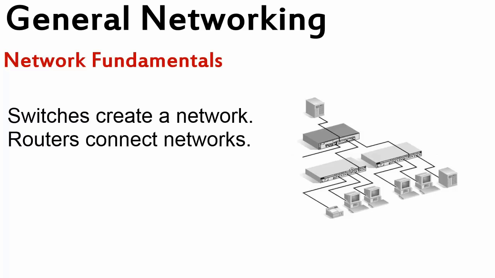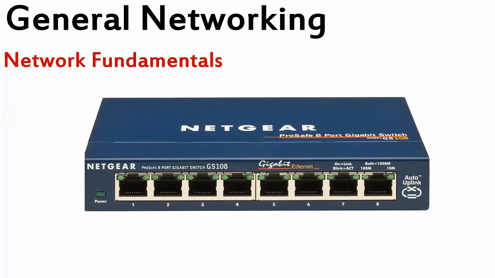If you want to connect two networks together, in most cases you need a router. And you all go, what do you mean in most cases? Well, because there are layer 3 switches, it is beyond our discussion here. For now, you should remember that a switch creates a network and a router connects the networks.